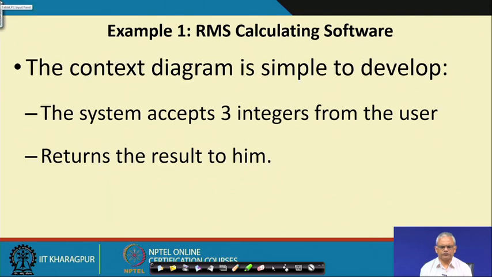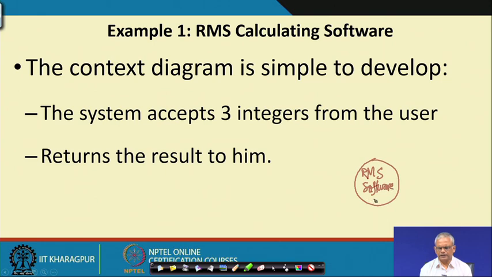Now, let us try to do the context diagram. In the context diagram, as we said, we need to just draw a circle to represent the system, and we write the name of the system, RMS software.